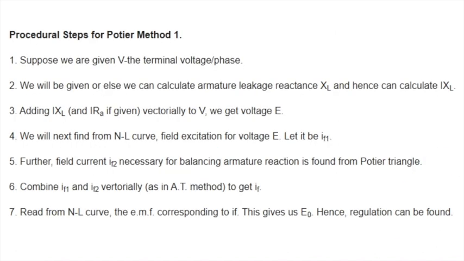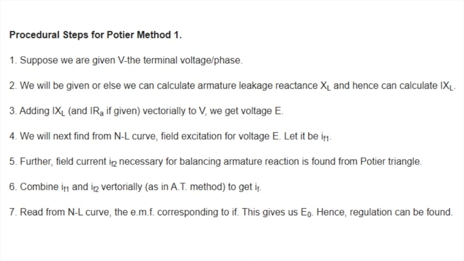So basically the procedure to be followed for this Pottier method is, we will be given the terminal voltage V per phase, then we will calculate the armature leakage reactance and hence the reactance drop. Adding the reactance drop, and if you consider the armature resistance, then the IRA drop also, to V, we get the voltage E. Then we find from the no load curve the field excitation for voltage E, that will be IF1.